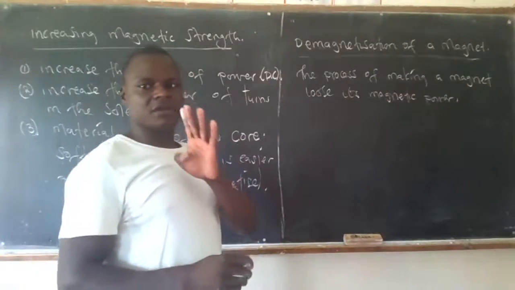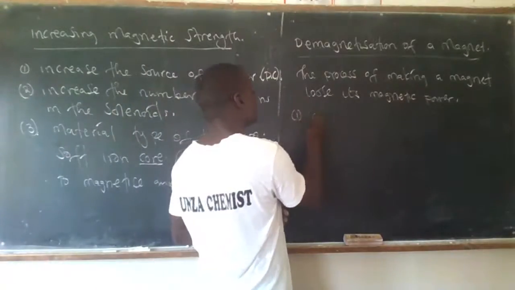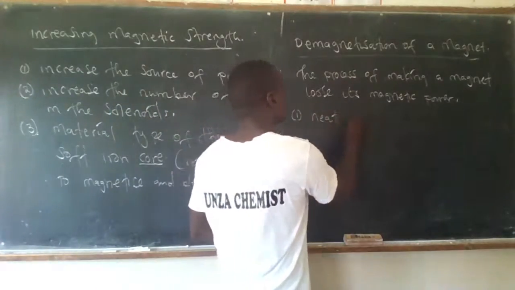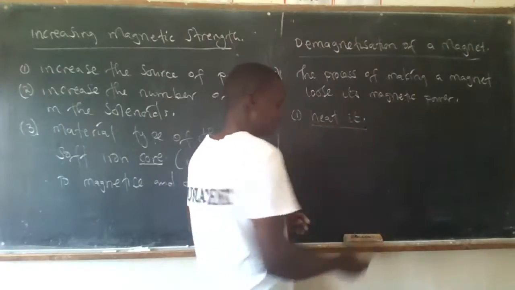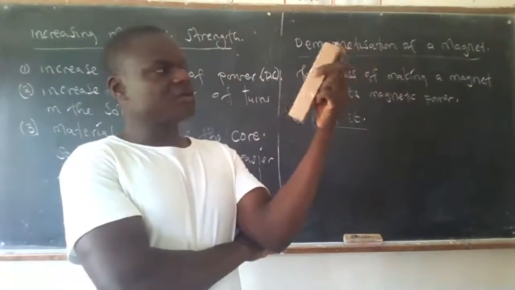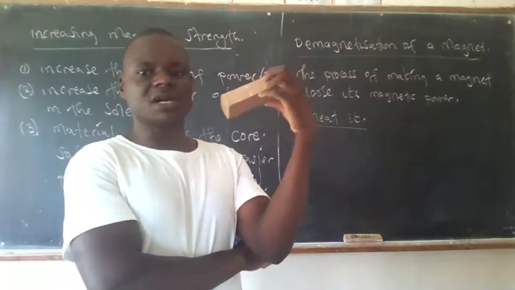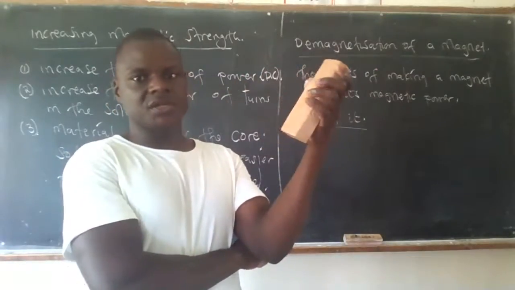So there are 3 or 4 things that we have to do. Number 1, just heat it. If this is a magnetic material, you subject it to high temperatures. When subjected to high temperatures, you find that it is going to lose its magnetic properties.